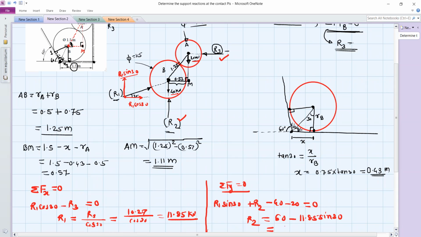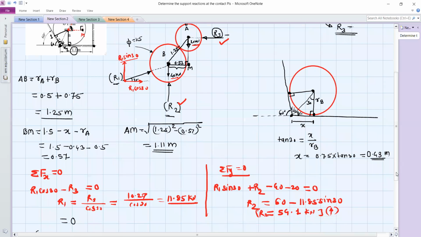Okay, so calculate this value. This is 60 minus 11.85 sin 30, so this is 54.1 kilonewton. Okay, so this is the reaction R2, and its direction is positive y direction.